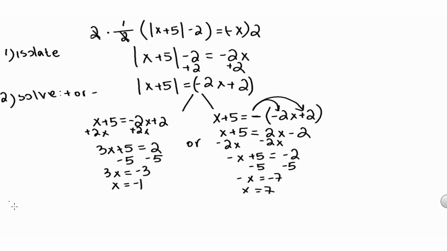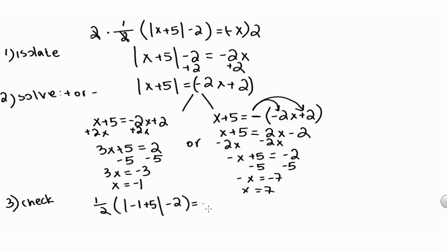And the third step is to check my solutions and make sure that both of them are true solutions. So let's go back to our very original equation here. 1/2 |-1 + 5| - 2 should equal to negative 1.